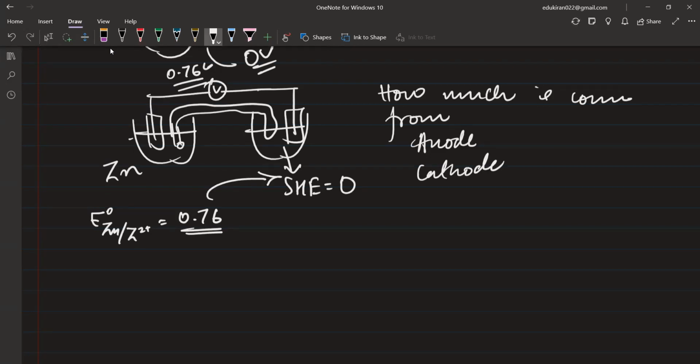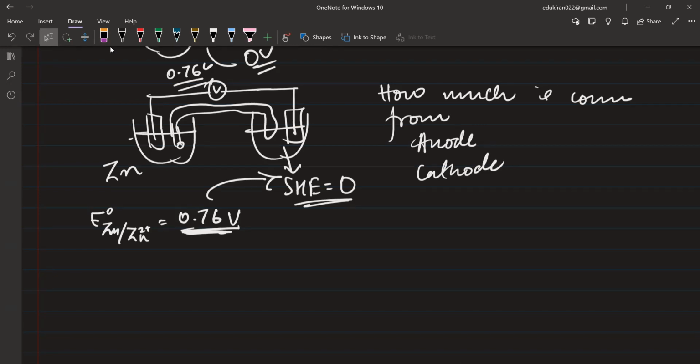But this is with respect to hydrogen. ठीक है? यानी कि जब हम लोग ये बोलते हैं ना that zinc and zinc 2 plus is giving me 0.76 volts of electricity, this is giving me this much electricity when it has been coupled with hydrogen electrode. ठीक है? और since hydrogen is zero तो हम लोग इसका बोल देते हैं कि ये zinc का ही potential है. लेकिन in reality it is what? It is with respect to what? It is with respect to standard hydrogen electrode.